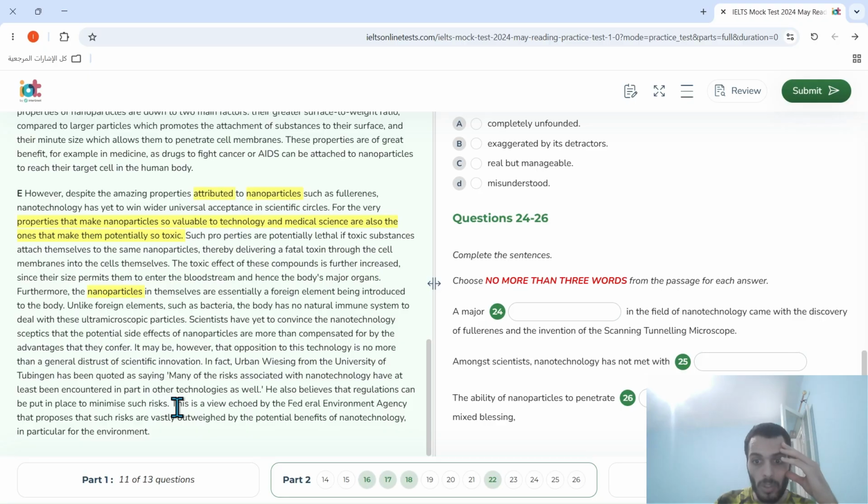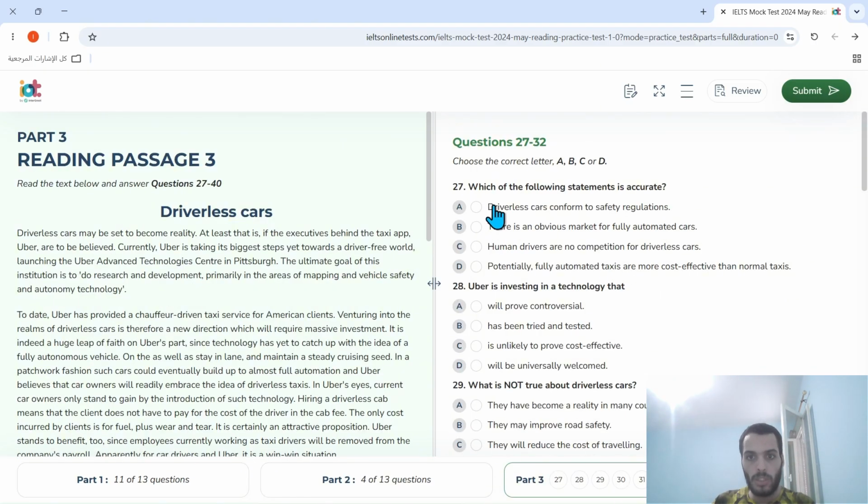How to penetrate, mixed blessing. Which of the following statements is accurate?